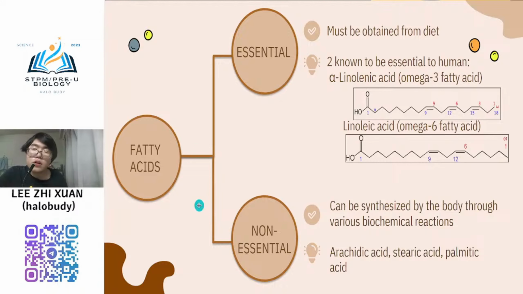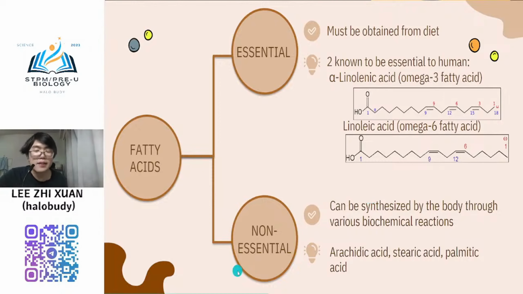Fatty acids are also classified as either essential or non-essential. Essential fatty acids must be obtained from the diet. We cannot synthesize them, but non-essential ones can be synthesized in our body.